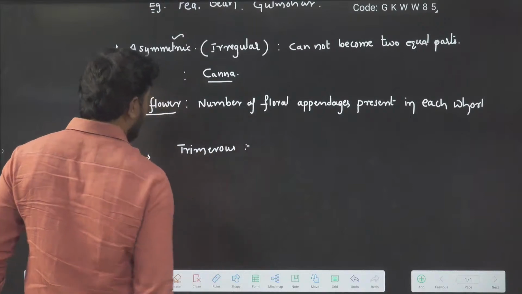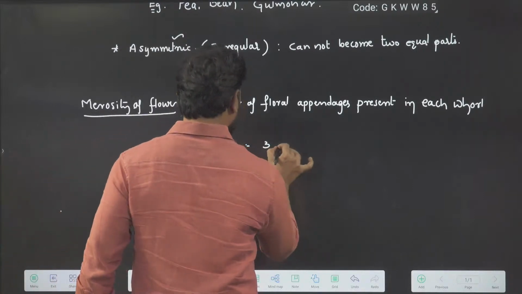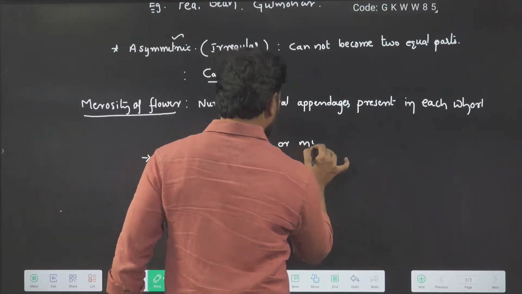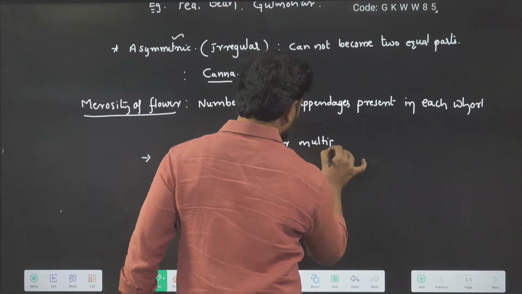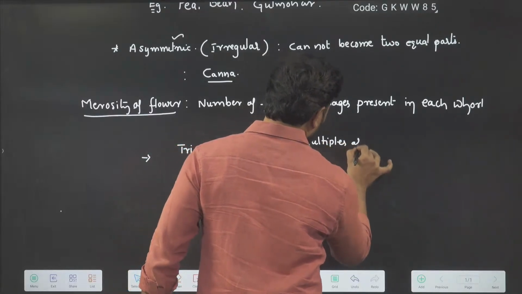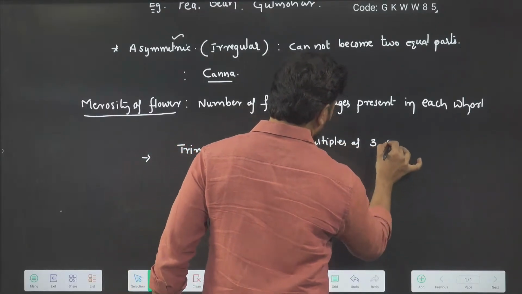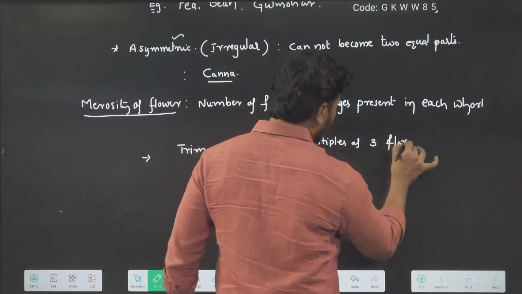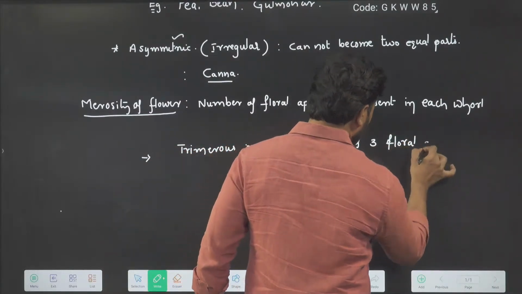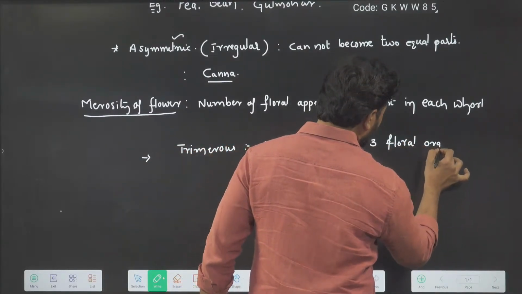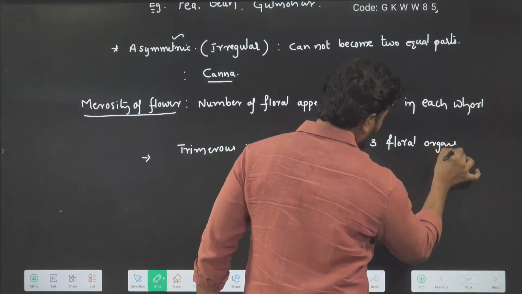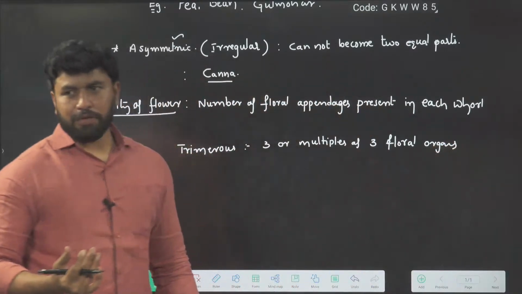What do you mean by trimerous? 3 or multiples of 3 floral organs. It's not particularly any one whorl, I am talking in general.